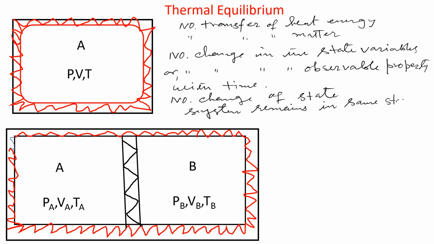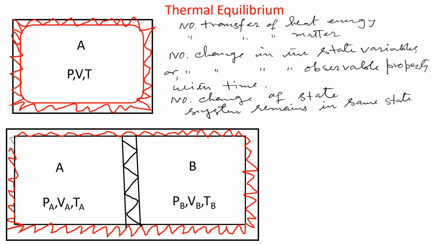So then the system is in equilibrium. And as the temperature is not changing, temperature also remains the same. This is one of the observable properties. Then it is in thermal equilibrium. So now the system is in mechanical equilibrium and also thermal equilibrium.